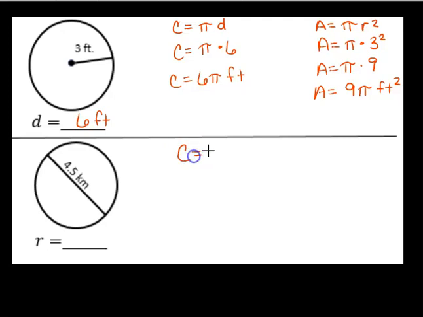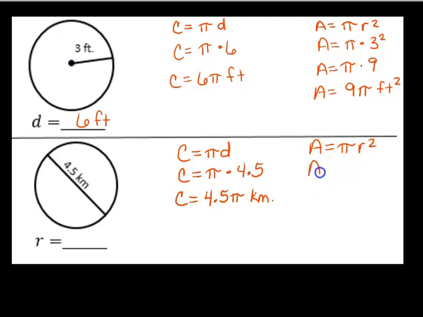All right, circumference equals pi times diameter, so pi times the diameter, which in this case is 4.5. So the circumference equals 4.5 pi kilometers. The area equals pi r squared. So area equals pi times the radius. Well, this is 4.5. 4.5 divided by 2 is 2.25.